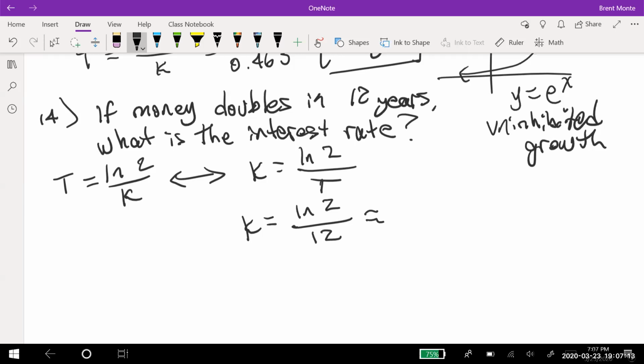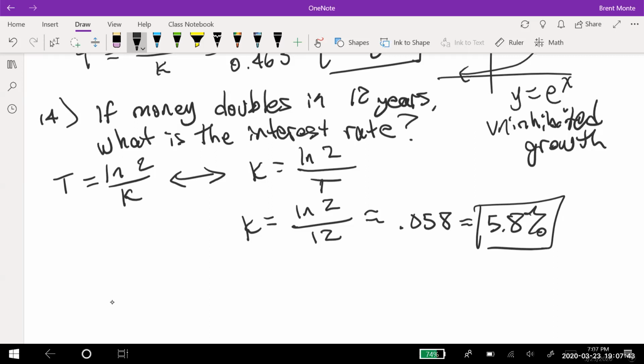My growth rate, ln of 2 divided by 12 years, is 0.0577. So we'll round that up to an 8, which is 5.8%. Doesn't take a really large growth rate to double in 12 years.